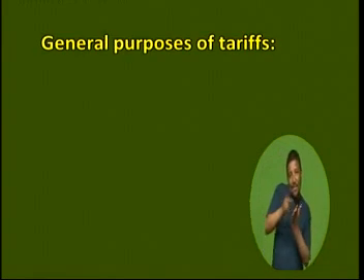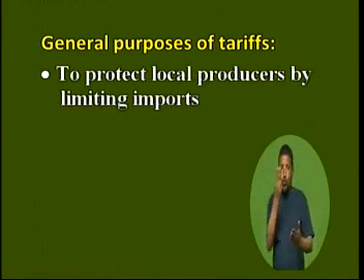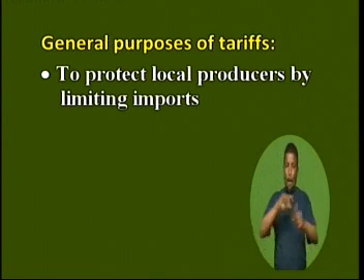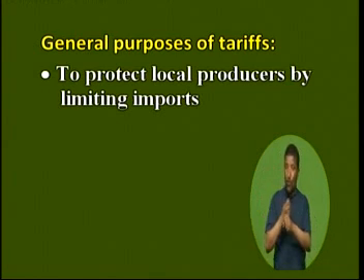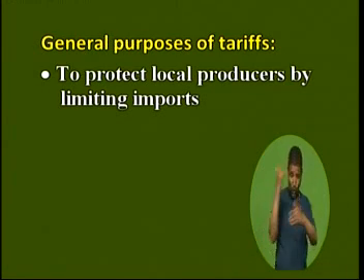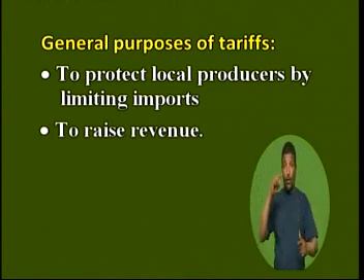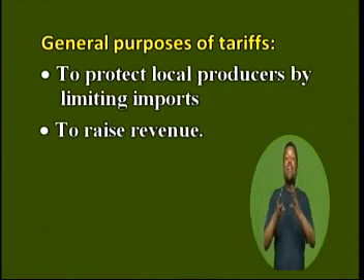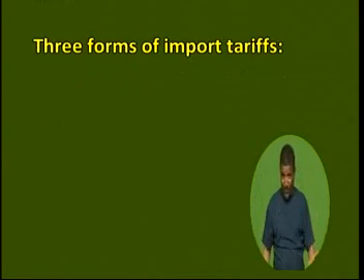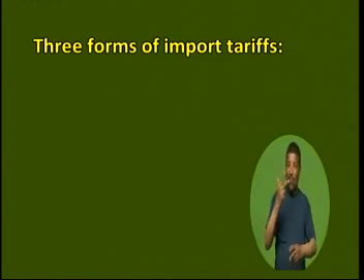Tariffs serve two general purposes. The primary purpose is to protect local producers by limiting imports, and the second one is to raise revenue. There are 3 forms of import tariffs.